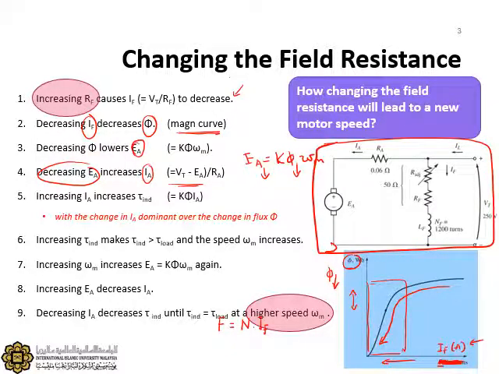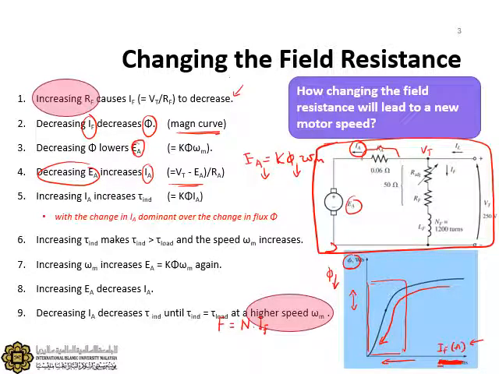IA is here. So you can see that IA equals the voltage across RA divided by RA, and the voltage across RA equals VT minus EA.